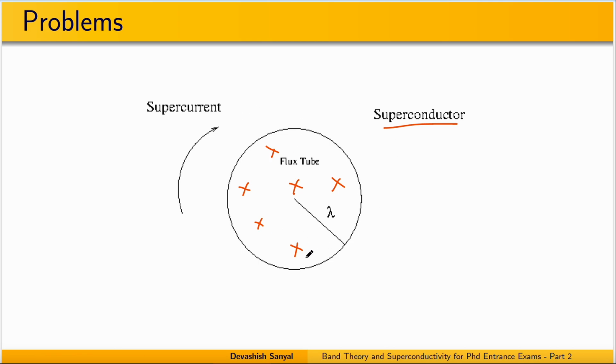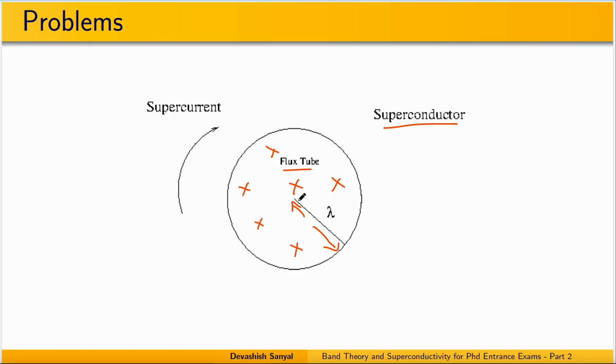Just outside this tube, through which magnetic lines of force are entering this superconductor, this is the normal region, this is the flux tube, and outside we have a superconductor where there is no penetration of the magnetic flux. So this is the distance we are talking about. This is the typical penetration depth, of the order of lambda.